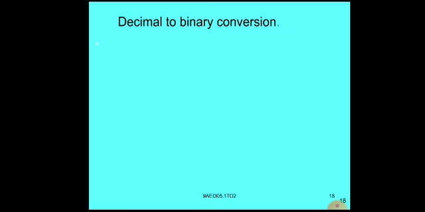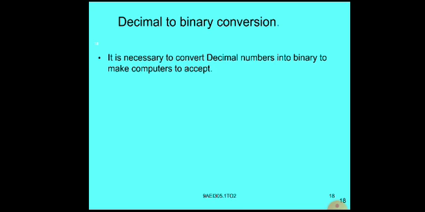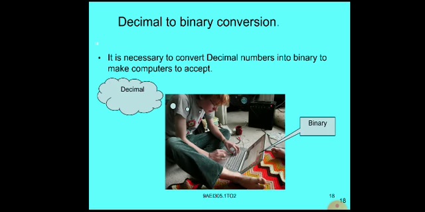Now let us convert decimal numbers to binary. Decimal to binary conversion. Actually the decimal numbers are processed and known to human beings. The binary numbers are known and processed by digital devices, that is digital systems, computers, calculators, like that.